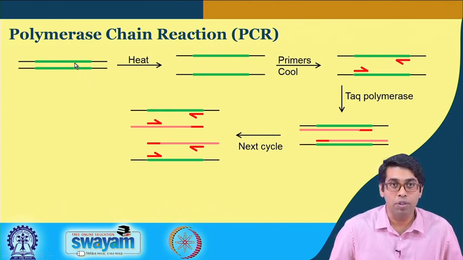One, it amplifies. From 1, in the first cycle you have 2, and then in the second cycle you have 4. So, it amplifies in an exponential manner, going as 2 to the power n, and it also amplifies only your gene of interest. So, the amplified region will be only your gene of interest.